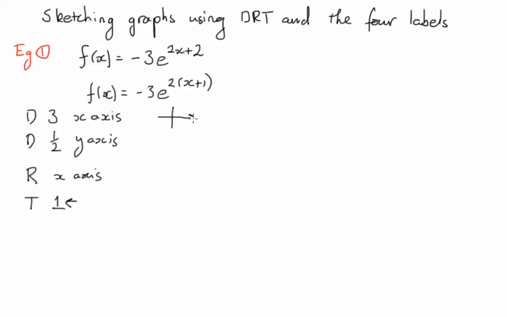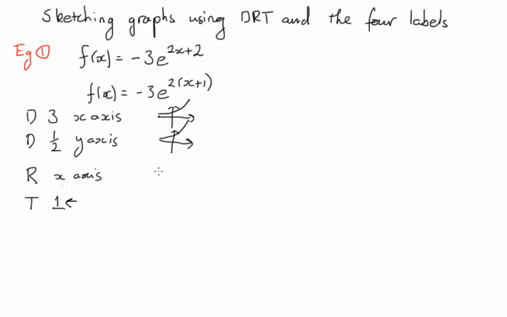So starting with the basic shape of y equals e to the x, we've got a dilation by a factor of 3, which is going to make it look something like that. So move it away from the x-axis, and the dilation by a factor of 1/2 from the y-axis is going to stretch it in a bit tighter towards the y-axis.